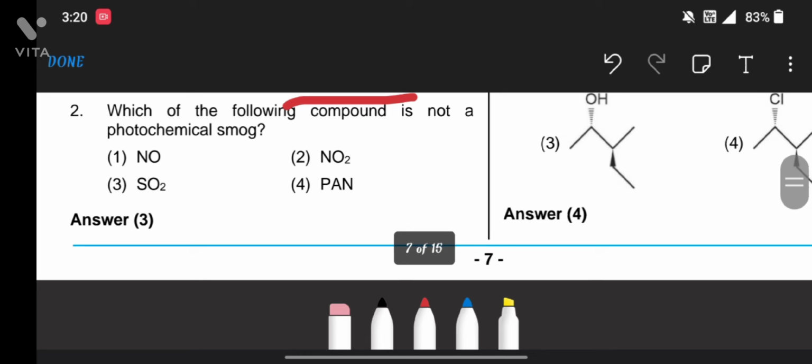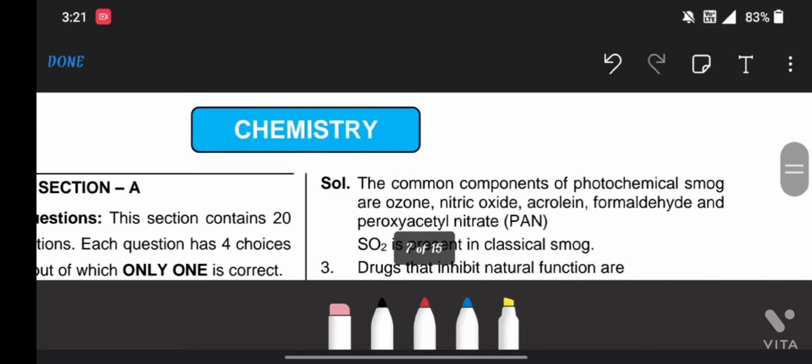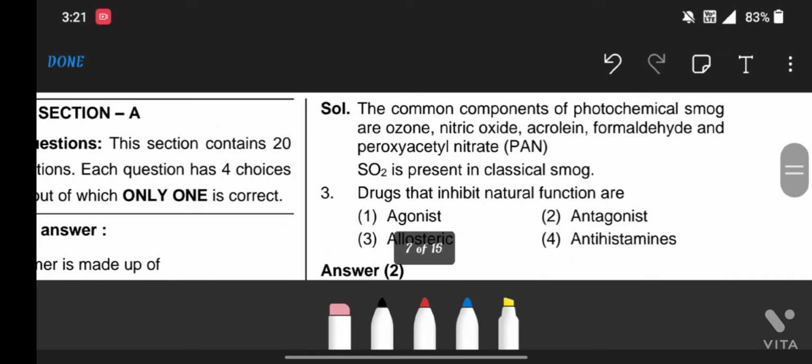So option C, SO2, is the correct answer for question number 2.